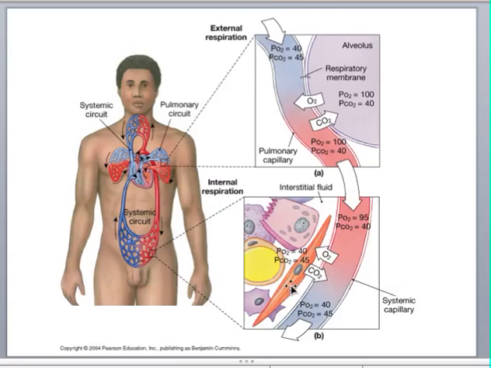And then here in the tissues, the gas exchange between the systemic capillary and your body tissues is called internal respiration. So please refer back to your notes about internal versus external respiration. But this picture is really a to-know picture. You really, really need to understand this one.